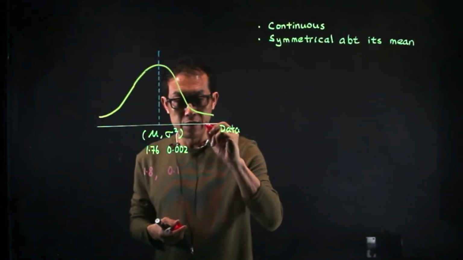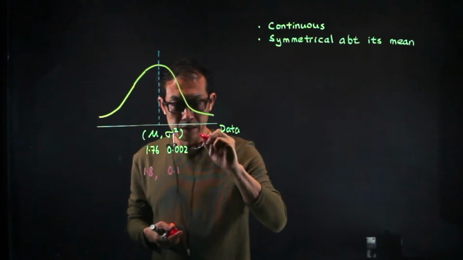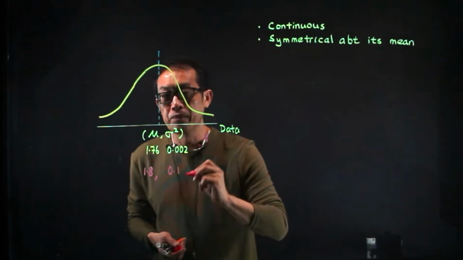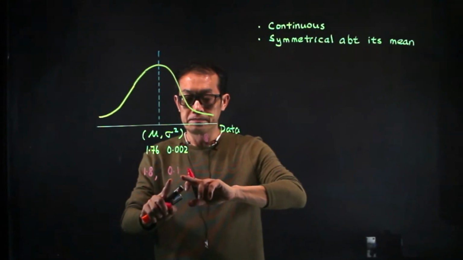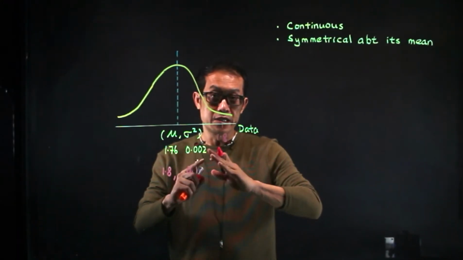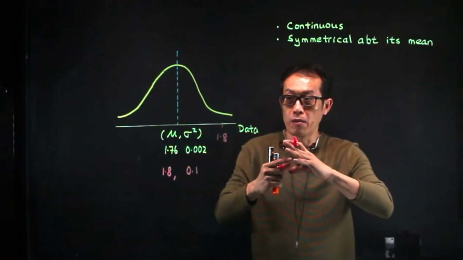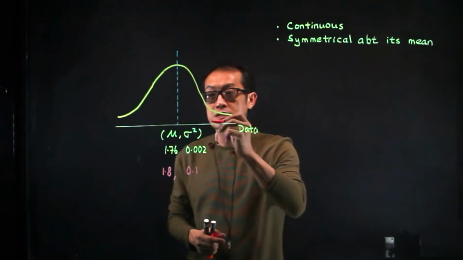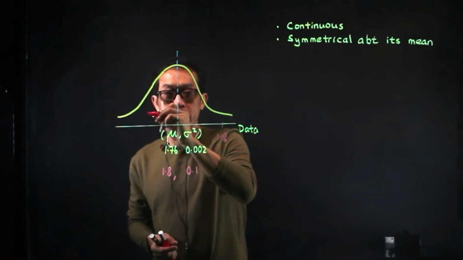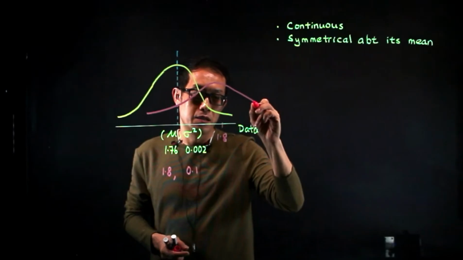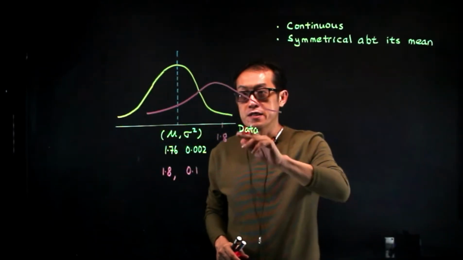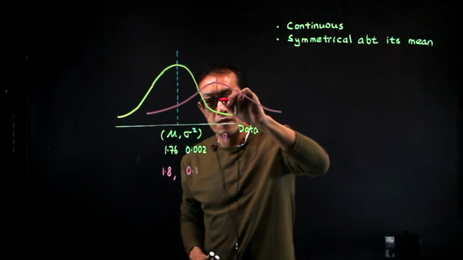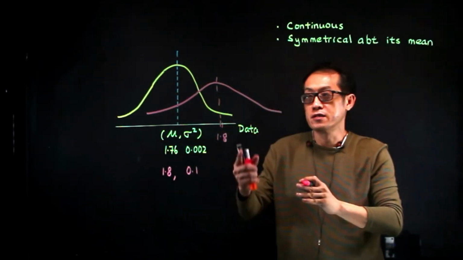And because their standard deviation is larger, their data are more widely spread. That means their curve could look something like that. They are more widely spread. This is the mean, where it is symmetrical about.